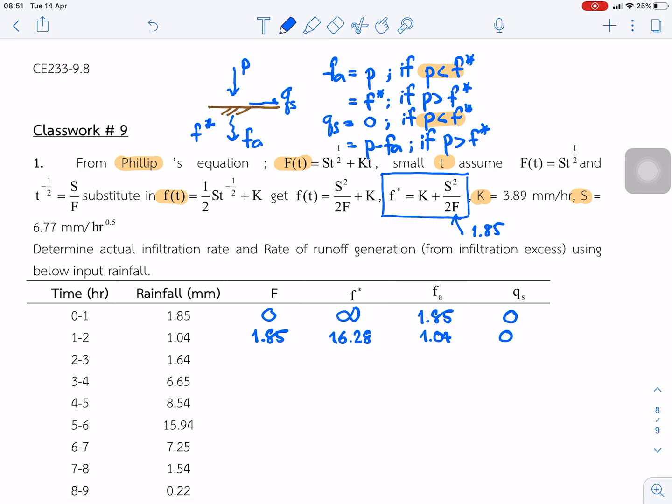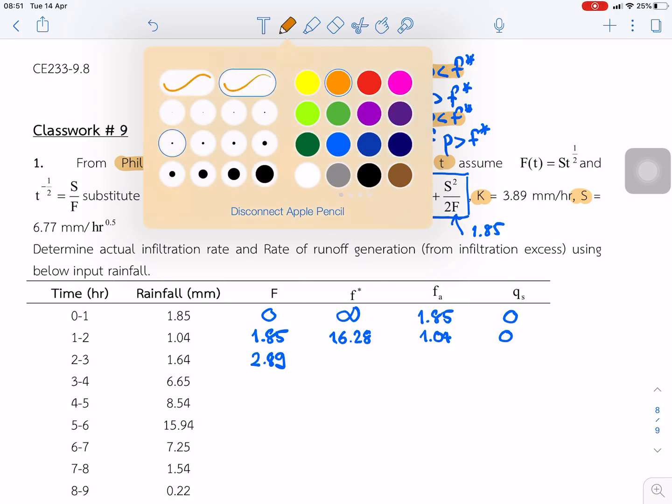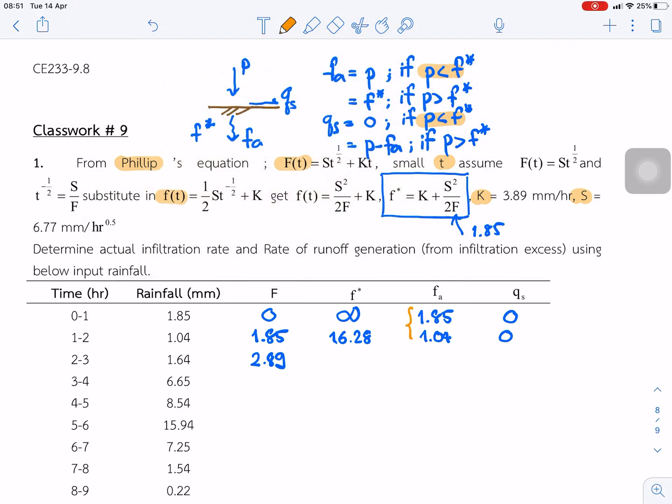The accumulated infiltration now is from the previous 2 hours, so it should be the sum of F, which comes to 0.89.